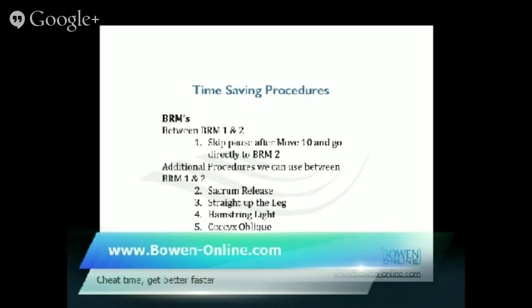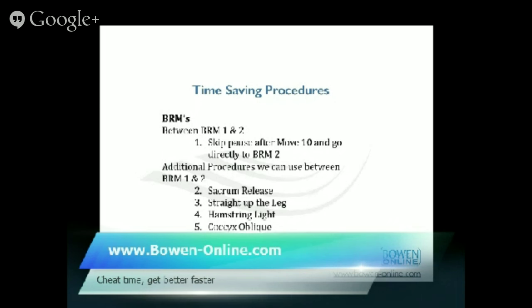But in light of what we talked about earlier, these are the procedures that I'd often do in and around BRMs 1 and 2. And these exclude the commonly taught procedures like the kidneys, the respiratory, the Coxix, and so on.